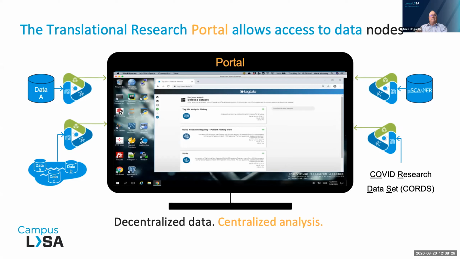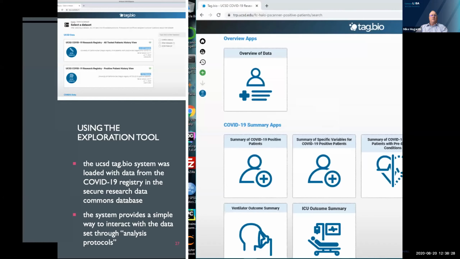I think the last slide here on this Translational Research Portal highlights the data sets in there, and then these canned analyses. These are pre-programmed analyses. You can see overview of data, summary of the positive patients, ICU outcome summary. These are the kinds of questions that most people are asking of the data set. So rather than have them download it and duplicate this over and over, we've canned those as clickable items.